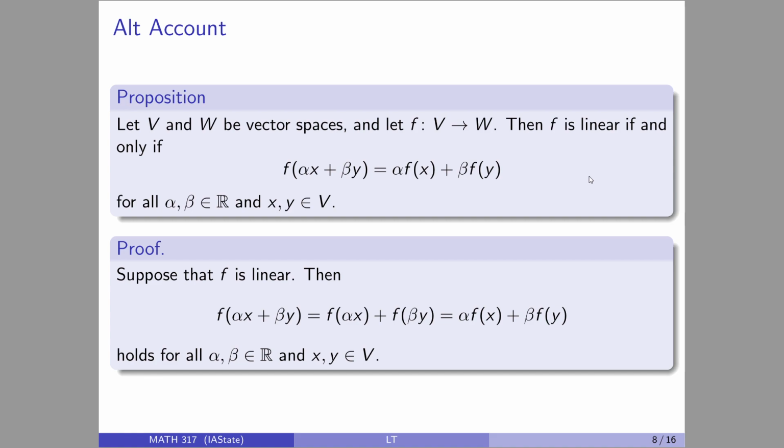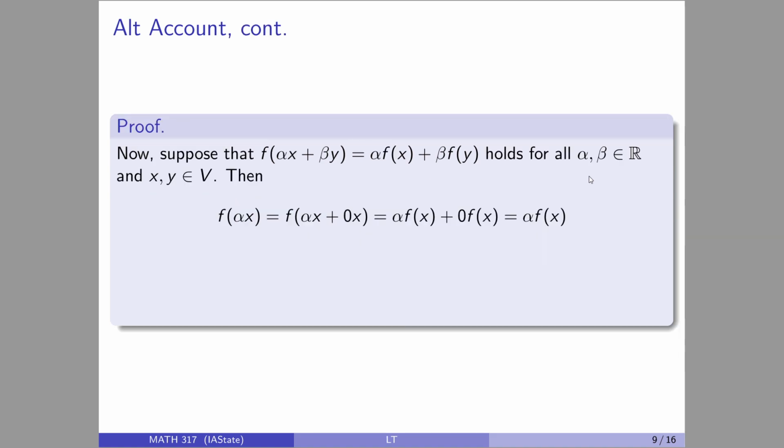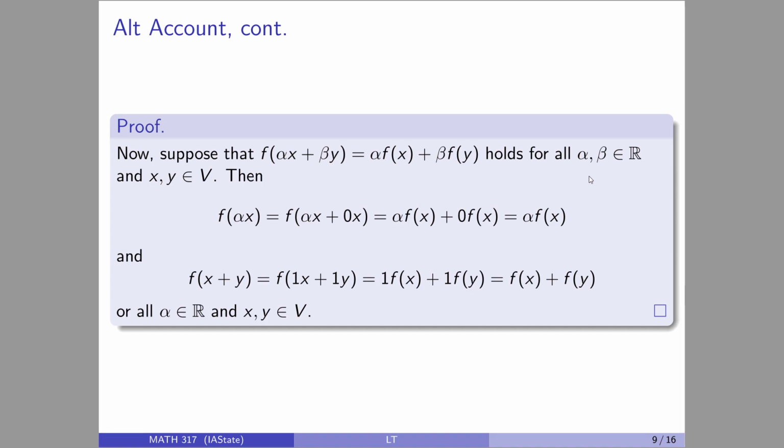Now, the reverse direction. Suppose that our function does respect linear combinations. We want to verify that it's linear then. Well, you can show scaling works by putting a 0 in the appropriate spot, and likewise addition will work by placing 1s in the appropriate spots. So there you go. Not the most enthralling proof, right?